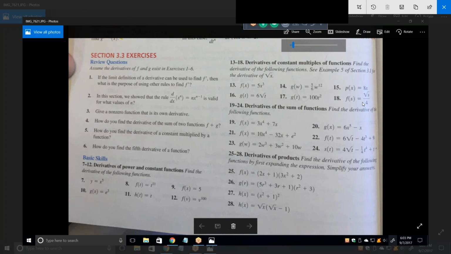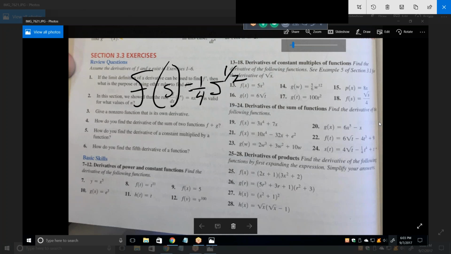And then 18. So rewrite 18. So f of s is what? 1/2 s to the 1/2 plus 4 to the -1. No, we can treat that 4 as the fraction 1/4.